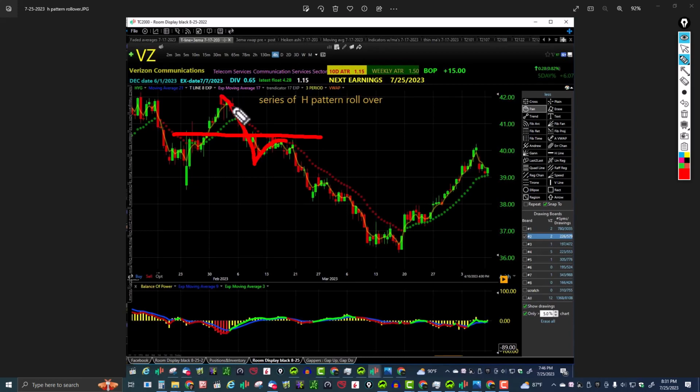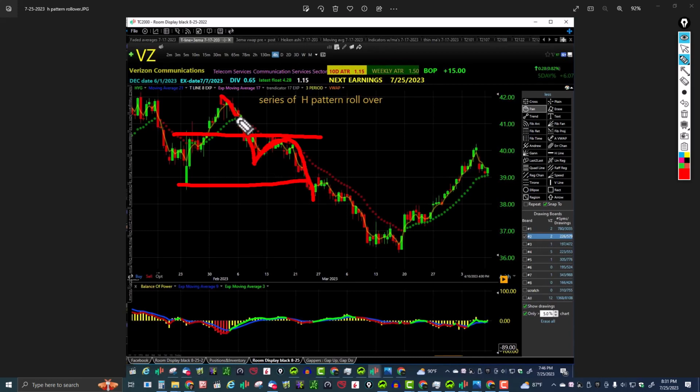This resistance was support. So this moved through support, and now the support becomes resistance. And as we head back towards it, we get this rollover, and then we head back down again. Now as we move through this resistance or support, it becomes resistance again.